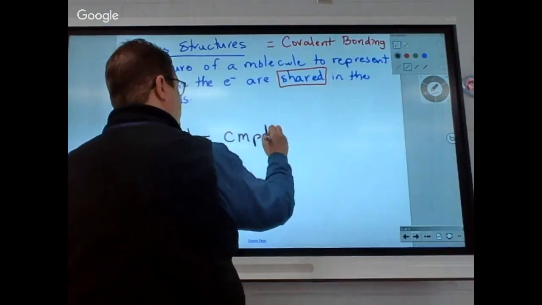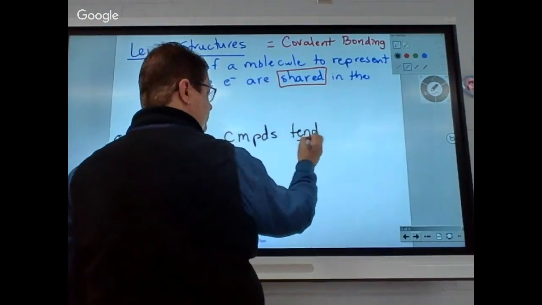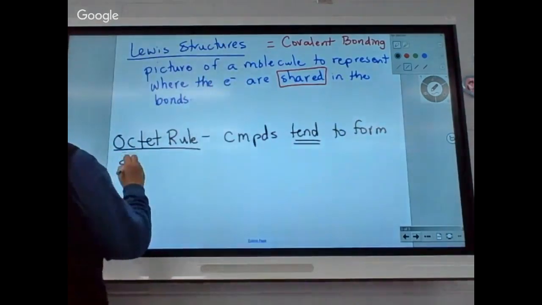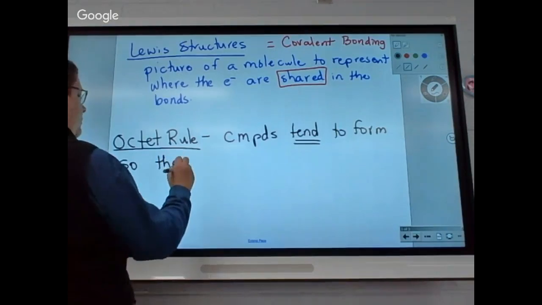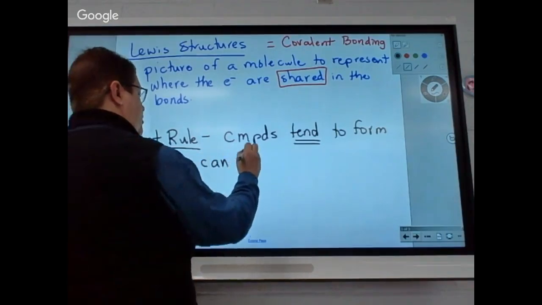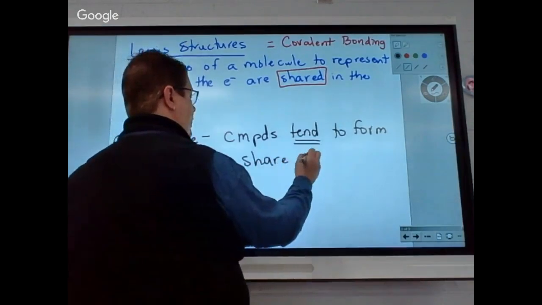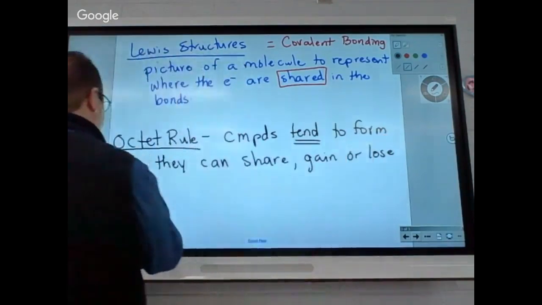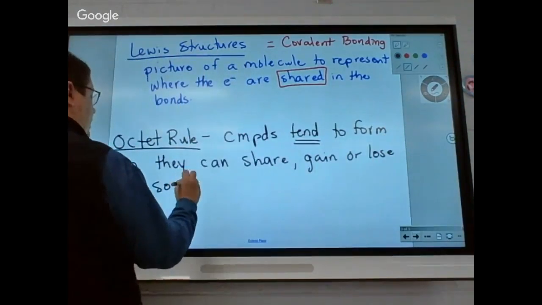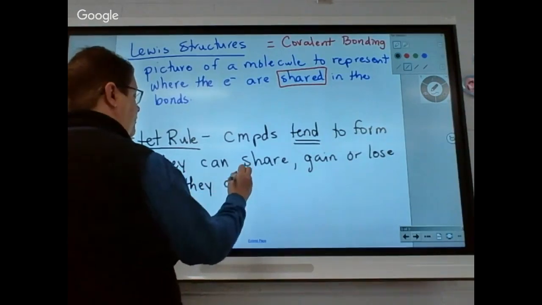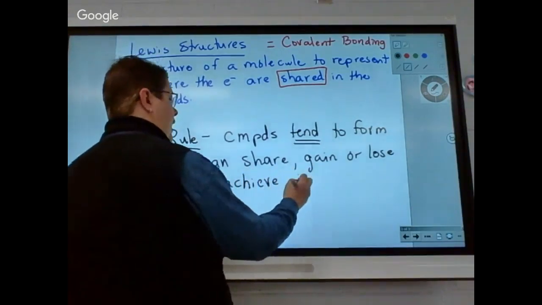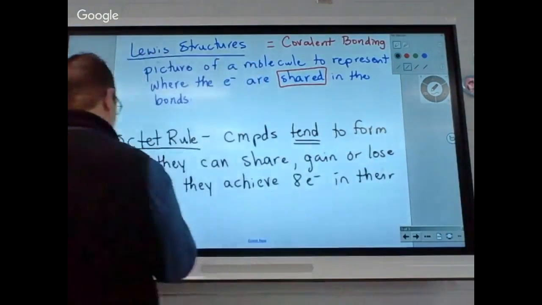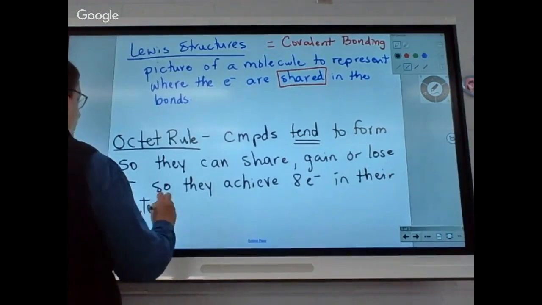Compounds tend to form so they can share, gain, or lose electrons so they achieve 8 electrons in their outer shell.